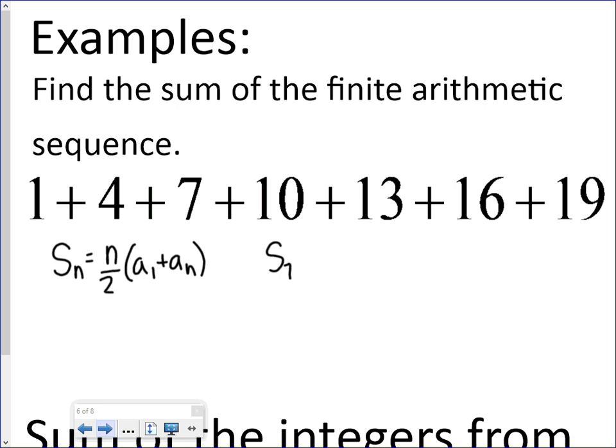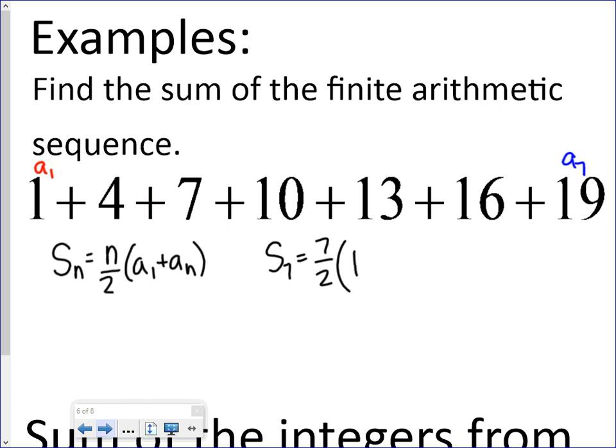So I'm doing S sub 7 equals 7 divided by 2. And then I want to add the first term. Well, that's 1, so I'll put 1 in. Plus a sub n, which in this particular problem, because n is 7, I want to know a sub 7. So that will count out to be my last term.